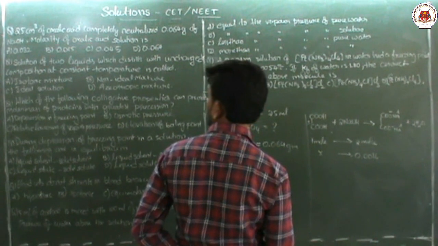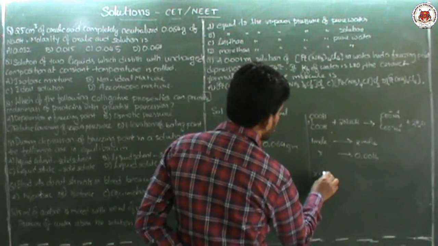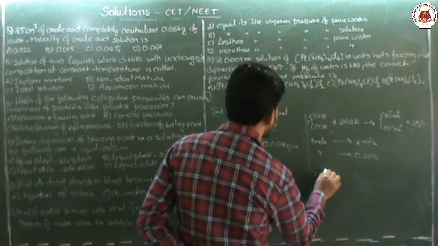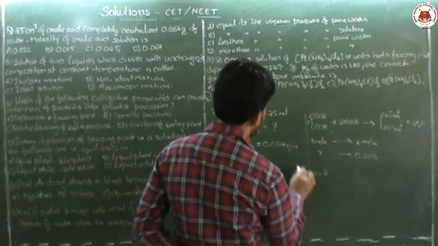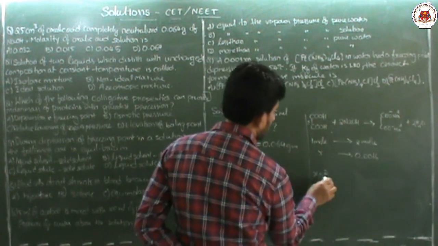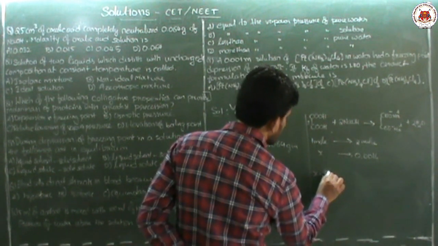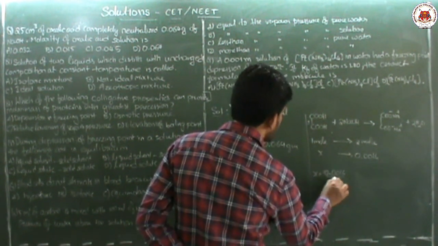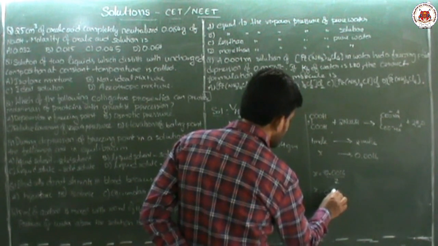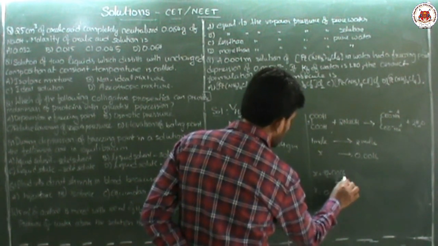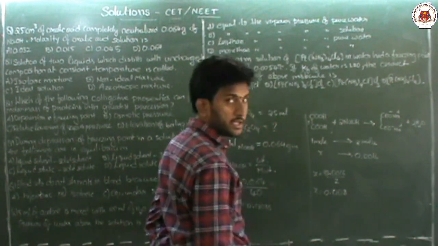Now we have 0.0016, so let X moles of oxalic acid be required. The volume given is 25 ml, that we will look after, but first let us do it like this. 2X is equal to 0.0016, so X is 0.0016 by 2. So how many moles now? 0.008. So the number of moles of oxalic acid is 0.008.